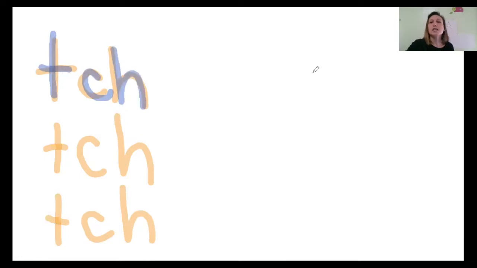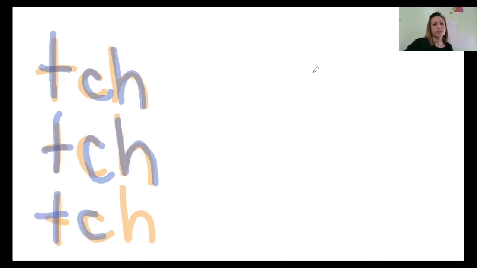TCH says ch, long spelling right after short vowel. Do it again. TCH says ch, long spelling right after short vowel. One more time. TCH says ch, long spelling right after short vowel.